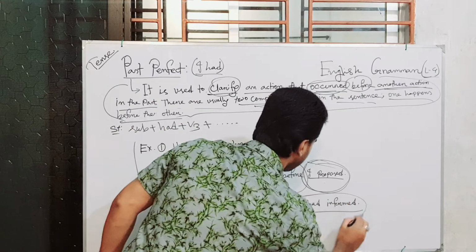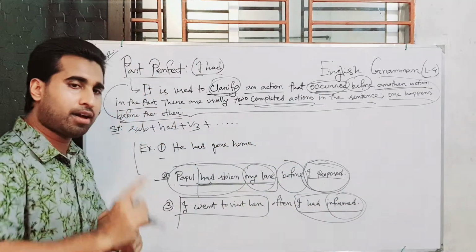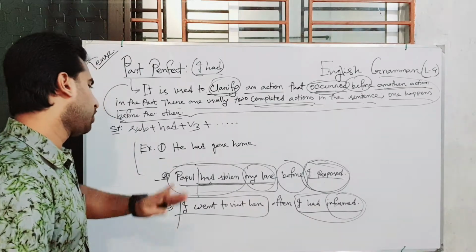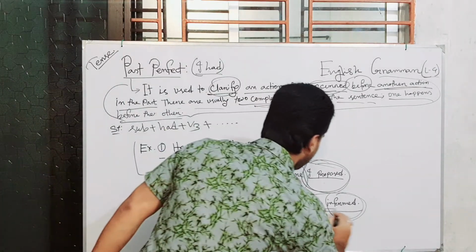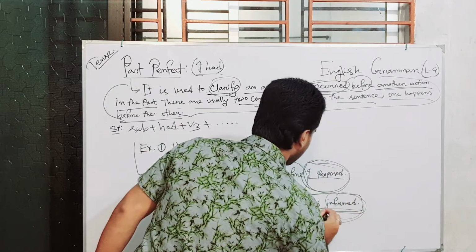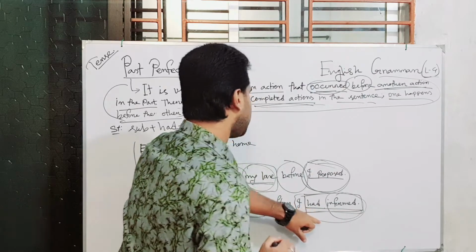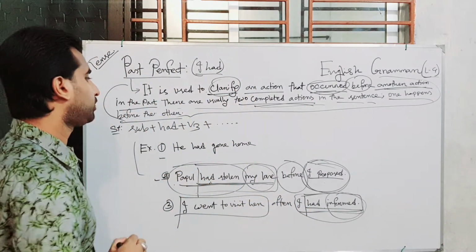Here I had informed first. I informed first, then I decided to go to visit her. So this incident happens first. So this is a past perfect tense.